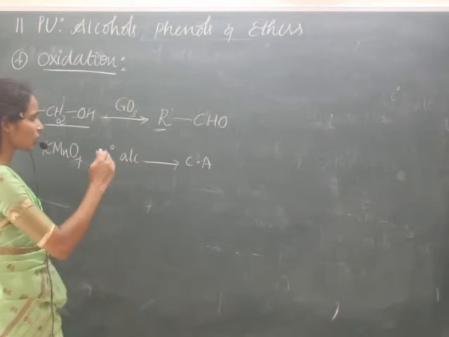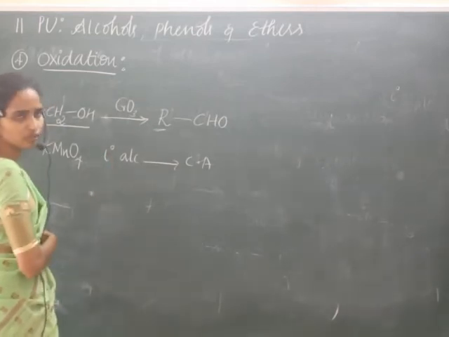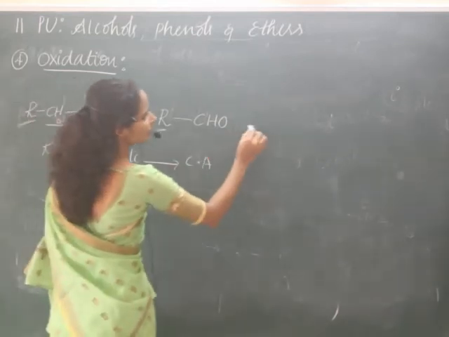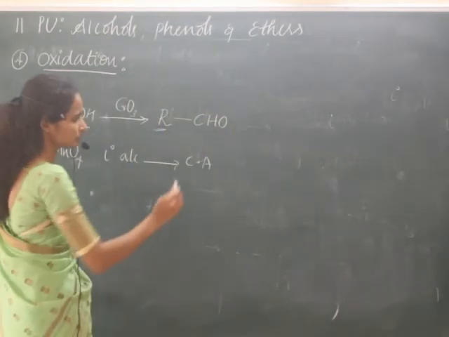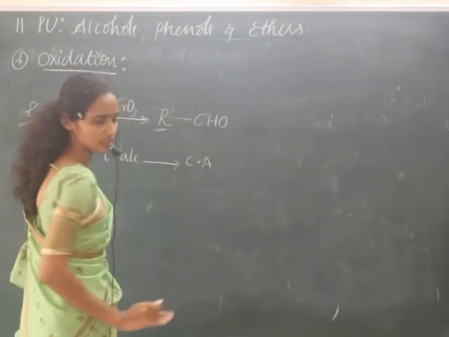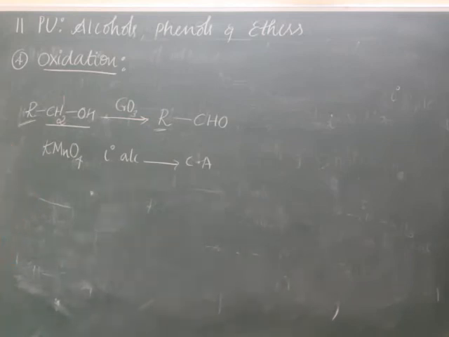Okay, some milder oxidizing agent leads to the formation of aldehyde. This can be further oxidized into carboxylic acids. Now, what about secondary alcohol?